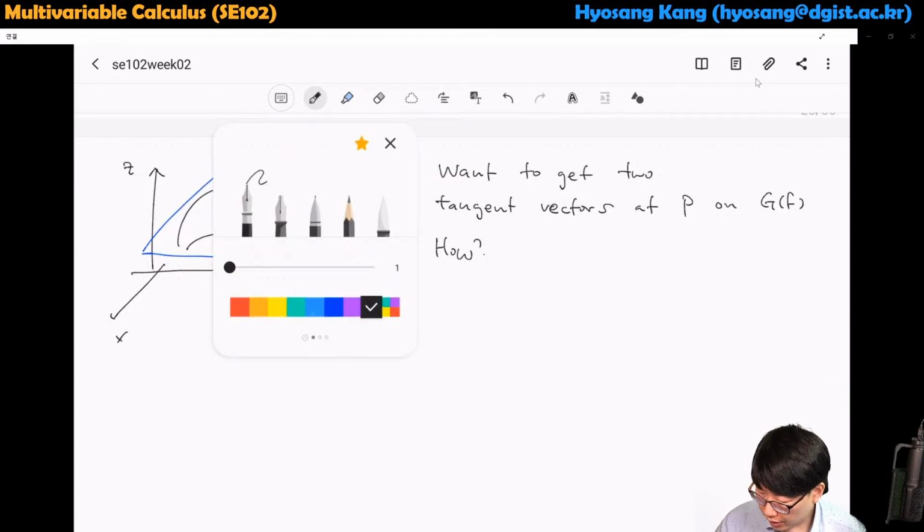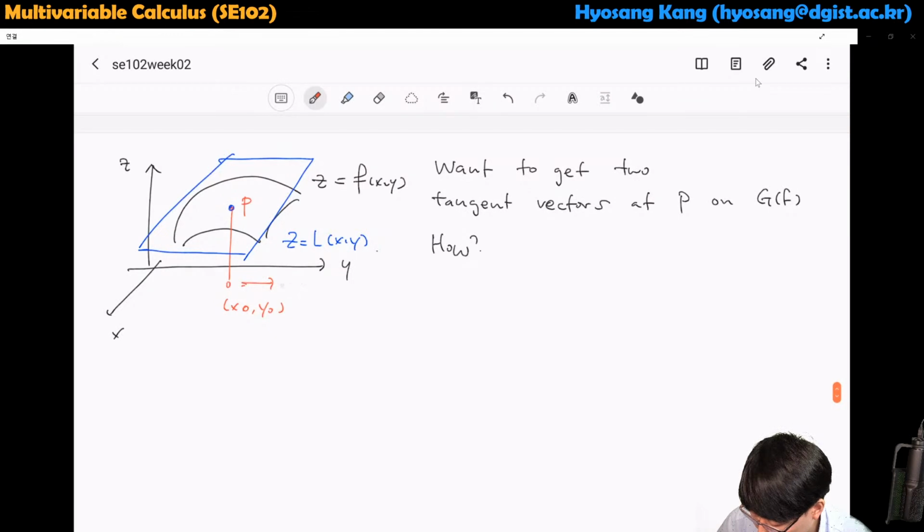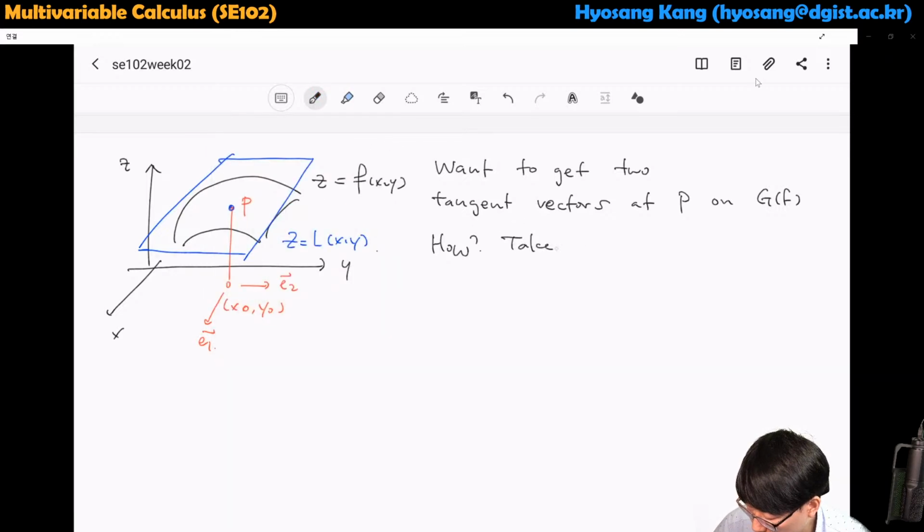First, you take two directions on the xy plane. Let's say this is my E1, actually that's the E2 direction. So it's the E2 direction, and take the E1 direction. Take E1 and E2 from our point x0, y0.